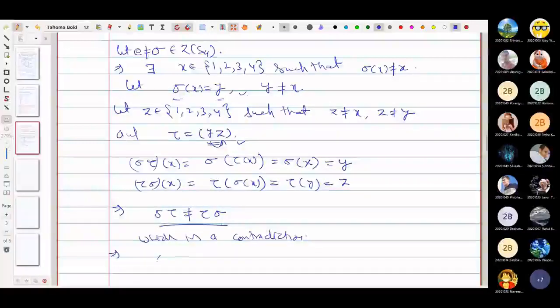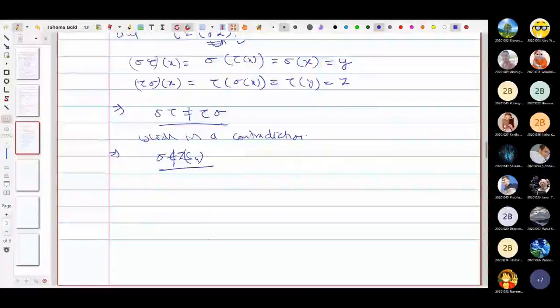So this implies that sigma does not belong to ZS4. So any permutation other than the identity permutation cannot be a member of the center of S4.